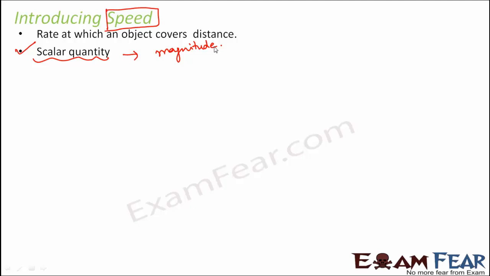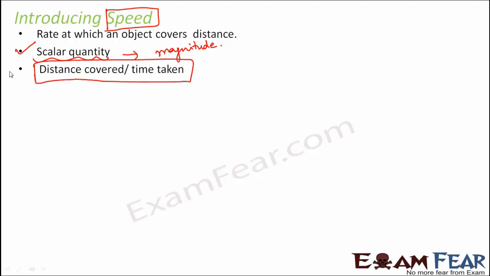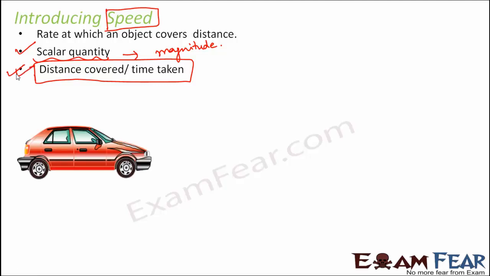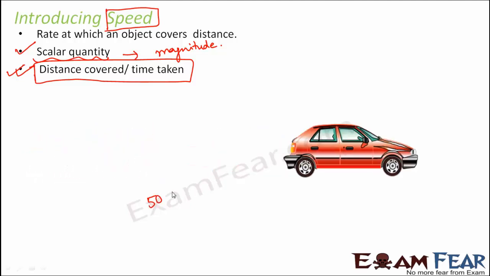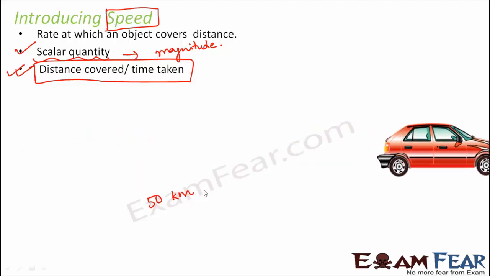Let's look at an example to understand speed even better. As I said, speed is nothing but the distance covered divided by the time taken. This is how we calculate the speed of an object. Let us take the example of this car. Let us say it travels 50 kilometers in 1 hour.